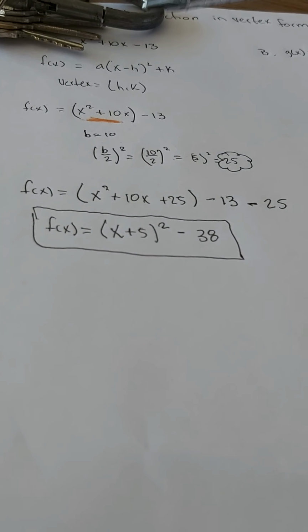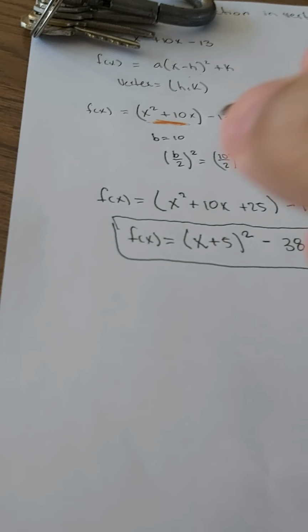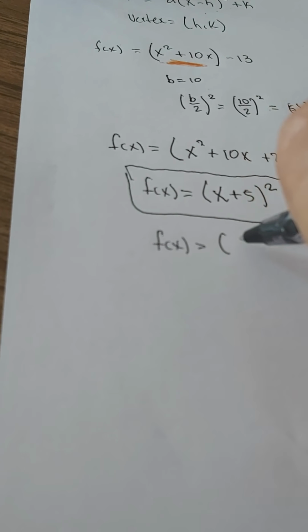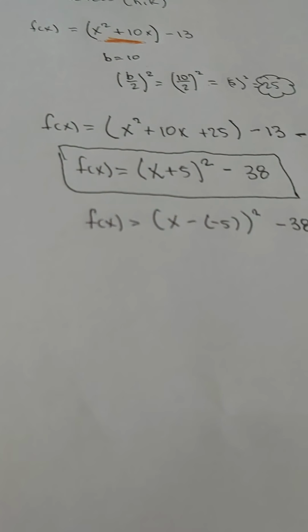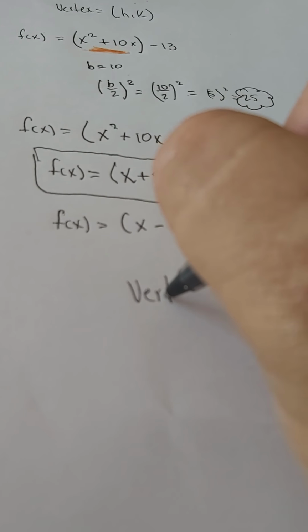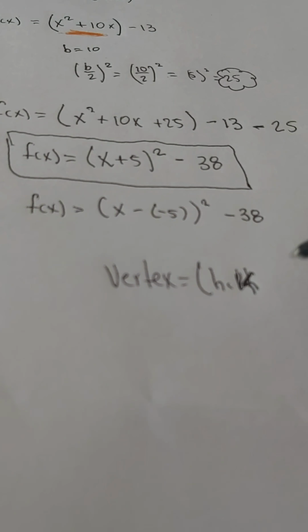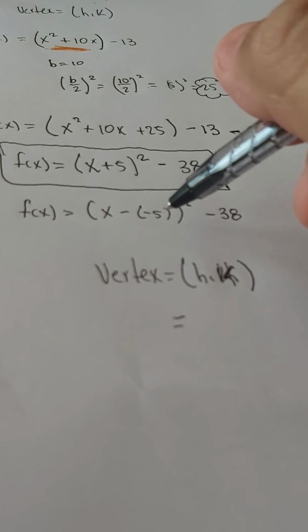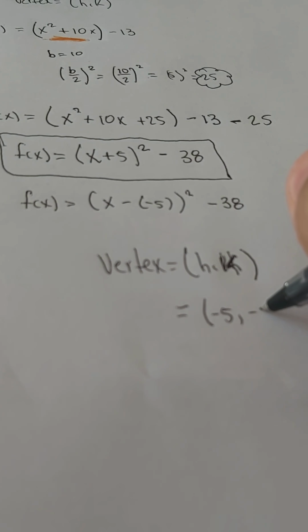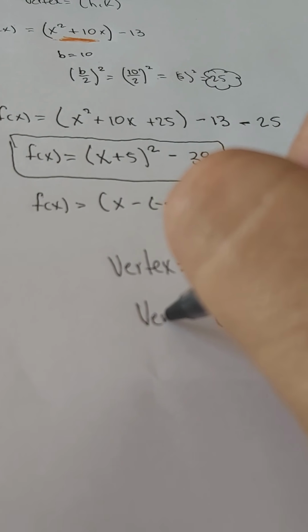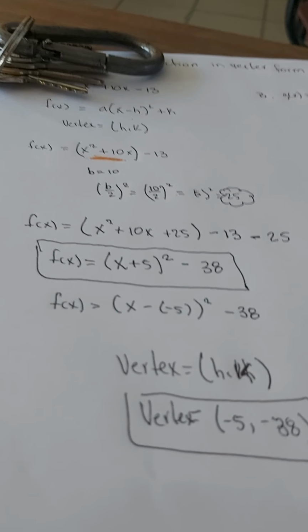Because remember, the vertex form is a times x minus h, and here we have plus 5. So f of x equals x minus negative 5 squared minus 38. The vertex is (h, k), so h is negative 5 and k is negative 38. That is the vertex for our function in vertex form.